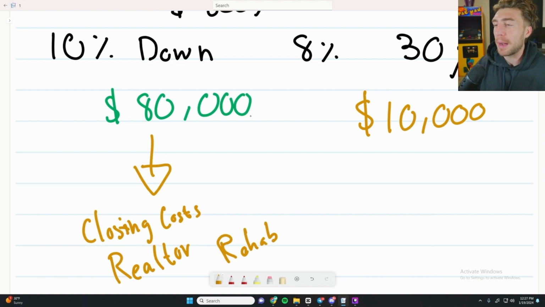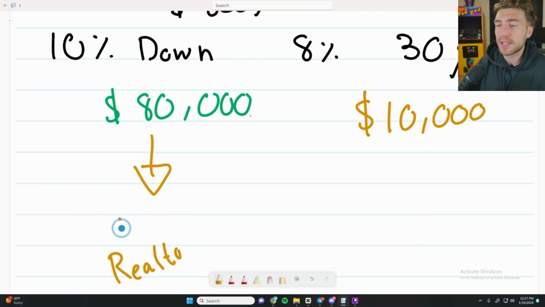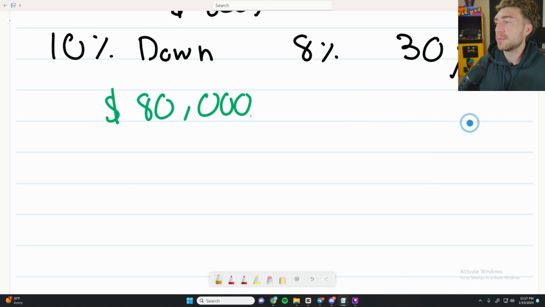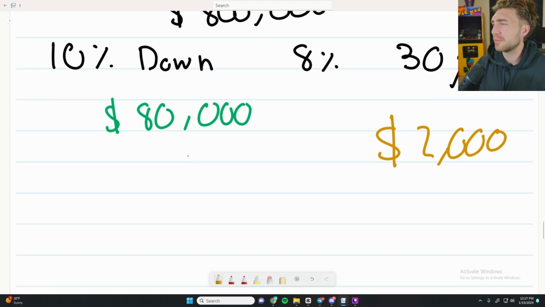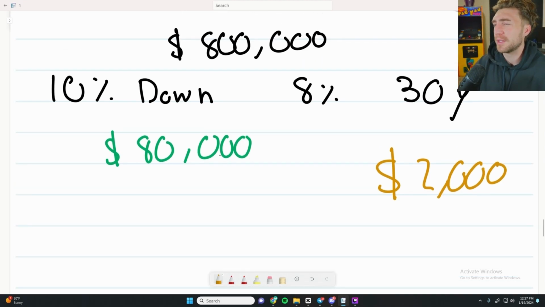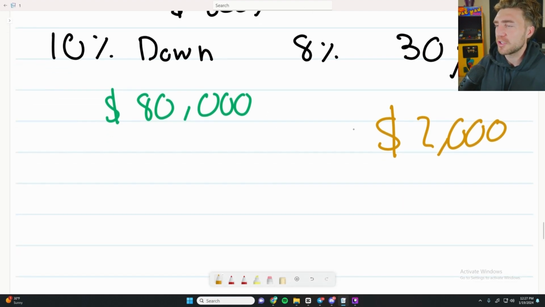You may have to give buyer concessions. Buyer concessions are really popular. So be careful. That $10,000 that you think you're making as profit could disappear really fast. But let's just say that $10,000 becomes $2,000. So you now made $2,000 pure profit. Sick. Go take your girlfriend or something out to a really, really expensive dinner. Okay, that's just how much money you make immediately.